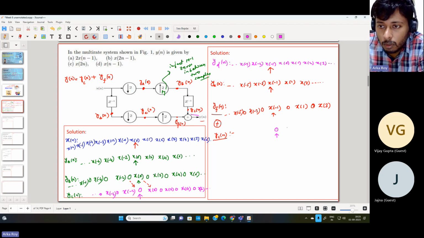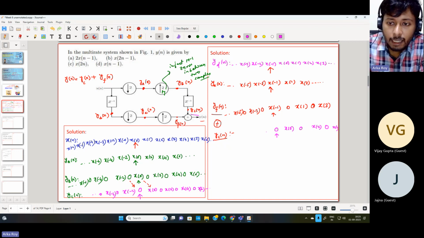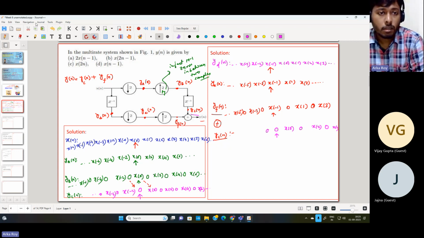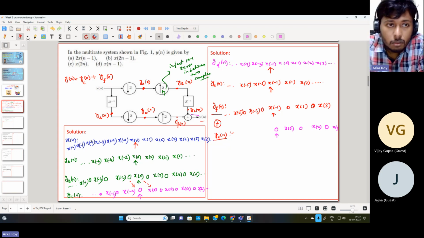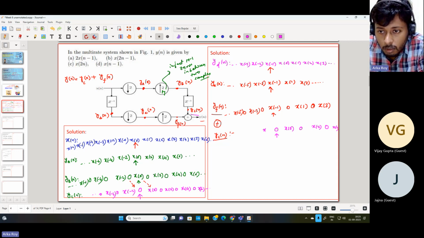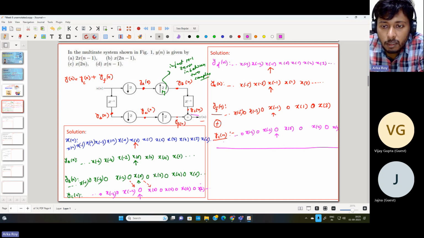So it is 0 followed by X naught, 0, X of 2, 0, X of 4, and in the negative side it is X of -2, 0, then X of -4, 0, and like this. I have just retained YCN over here. So this is what YCN looks like.